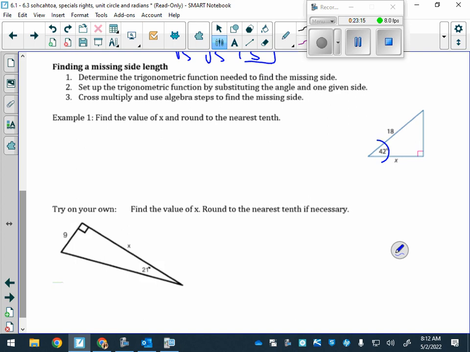What trig ratio will we use? What are the side lengths given? What trig ratio? Yeah. Cosine, because we have adjacent and hypotenuse. Okay? So we're looking at cosine of 42 equals x over 18.